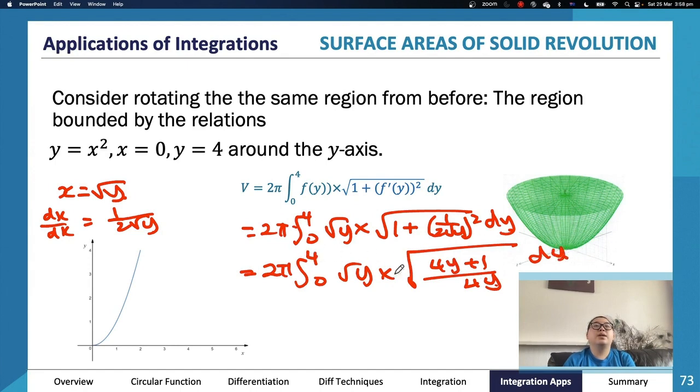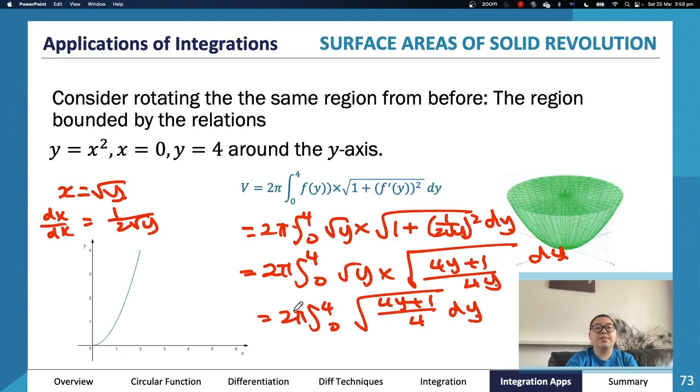Then if we times out that root y, because the root y is at the bottom there, we'll get 2 pi from 4 to 0, and the root y should cancel out. So we're going to just get 4y plus 1 over 4, dy, which now we can use our substitution methods to do, right? Awesome. Yeah, and we can progress from there.